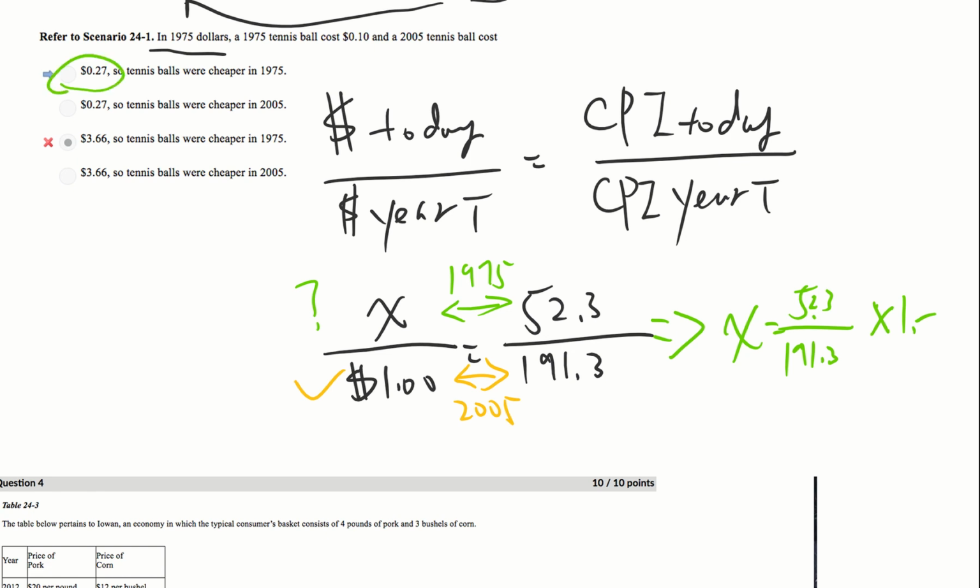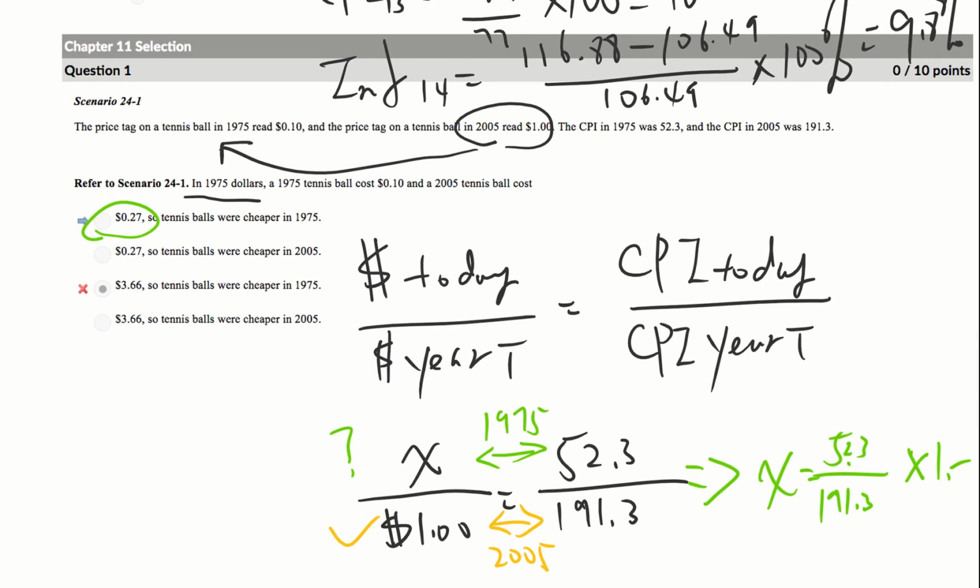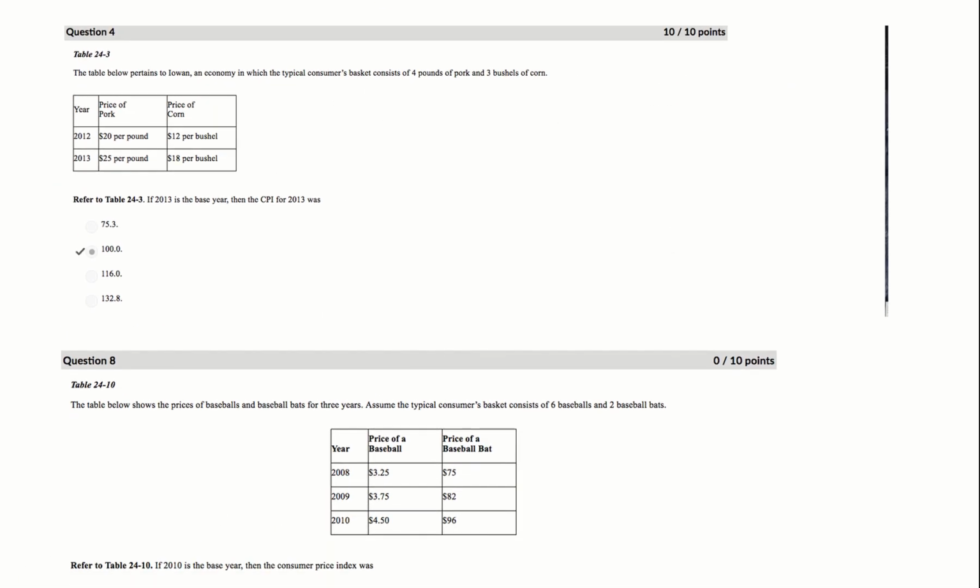So 27 cents. Which means that in 1975, our tennis ball was only 10 cents. But in 2005, our tennis ball is actually worth about 27 cents in 1975 dollar amount. So your 1975 tennis ball is cheaper than the 2005 tennis ball. Okay, so the answer is A. All right, so next question.